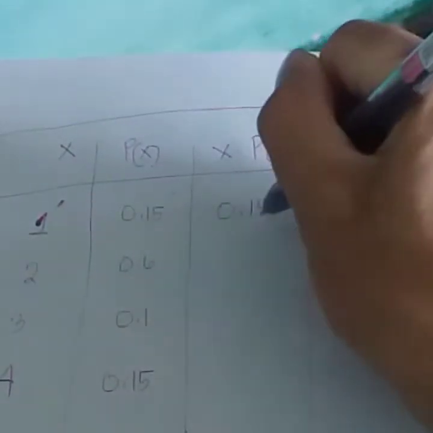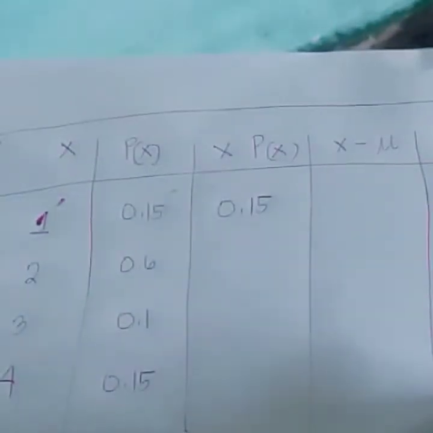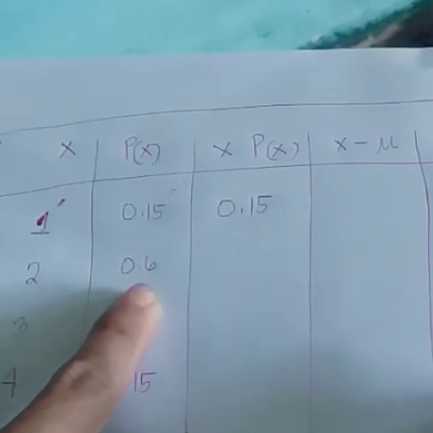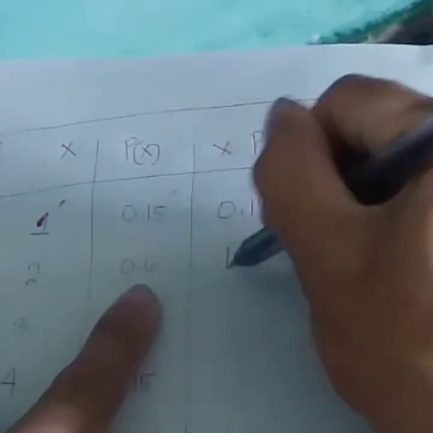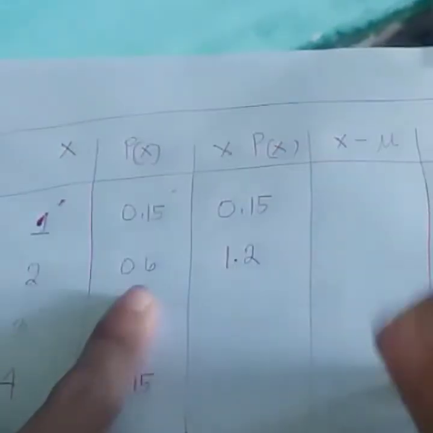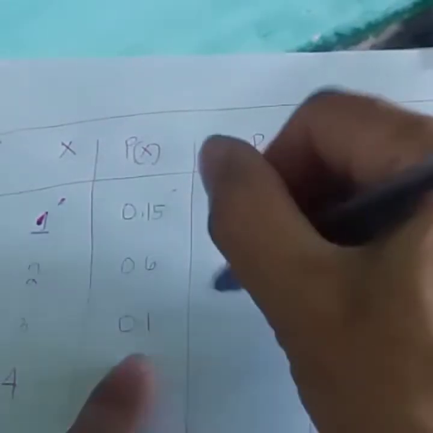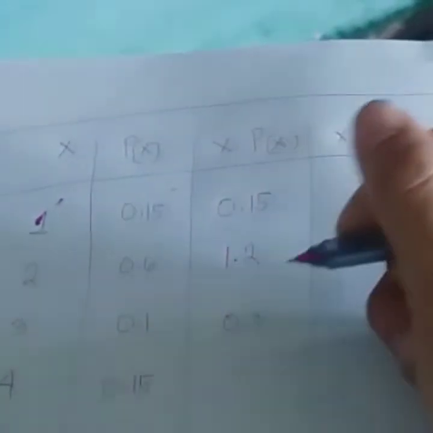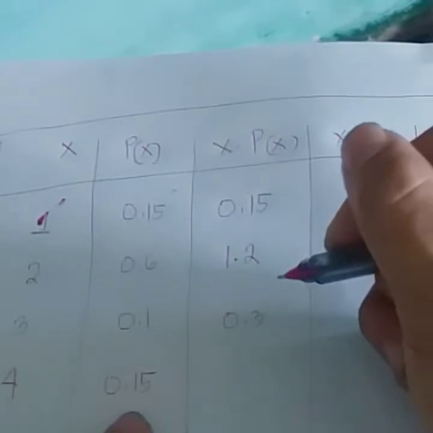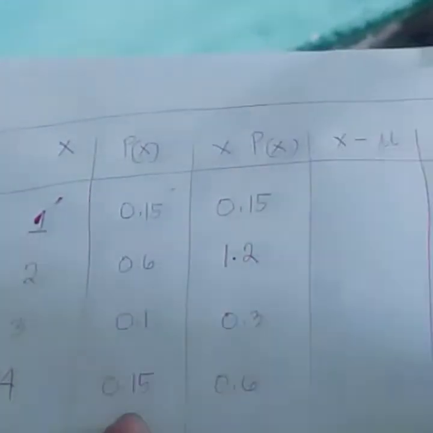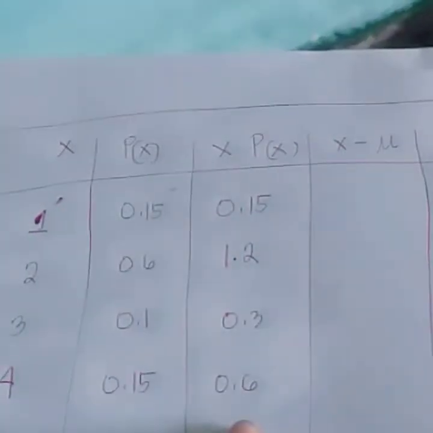So we have the result of 0.15. Next, 2 times 0.6. We have the answer of 1.2. Next, 3 times 0.1. That is 0.3. And 4 times 0.15. That is 0.6. So we finish the column 3.